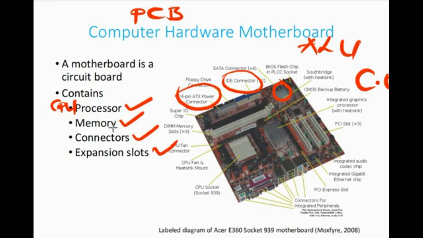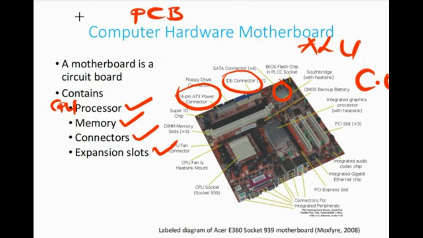Okay, and then expansion slots. An expansion slot is a connection or a port inside the computer on the motherboard. It provides an installation point for a hardware expansion card to be connected. So they are what we call expansion cards.